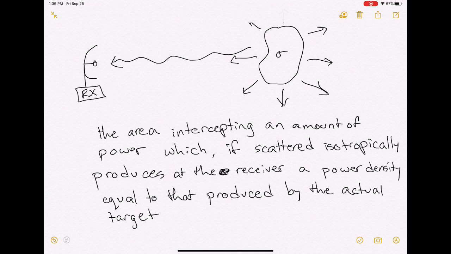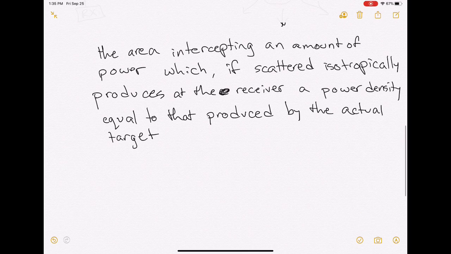Now, I said that and wrote it down for you because it is convoluted and confusing and not a very well-worded definition. Here's what it really means. Let's work backwards. Some scattered power density is observed at the receiver.